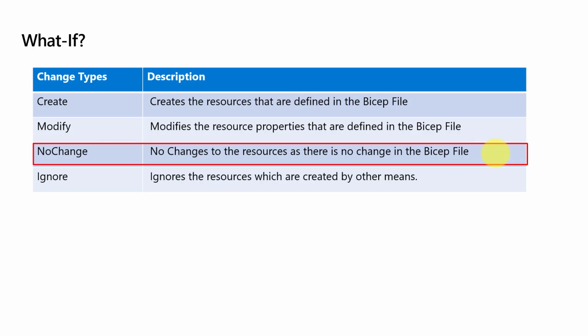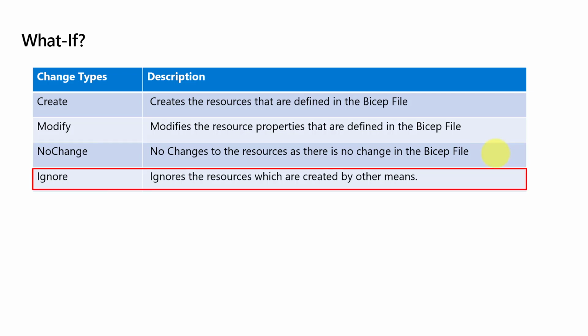Okay, and the next one is ignore. For example, let's say you created another resource in another way instead of Bicep. For example, you created a third resource using the Azure Management Portal. So Bicep is not aware of that particular service, and all it does is just ignore it.